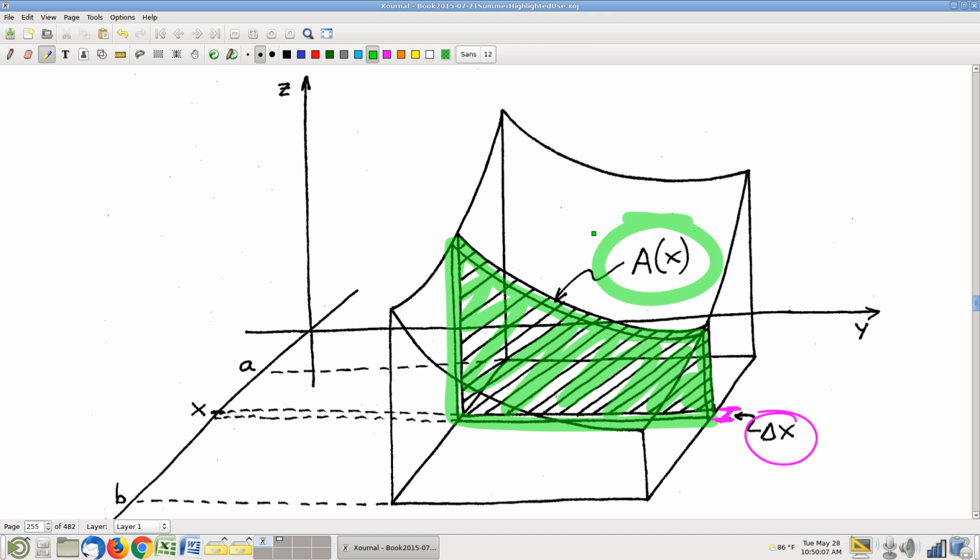And again, geometric appeal, the total volume of this strange loaf is the sum of the volumes of the individual slices of bread. Right?